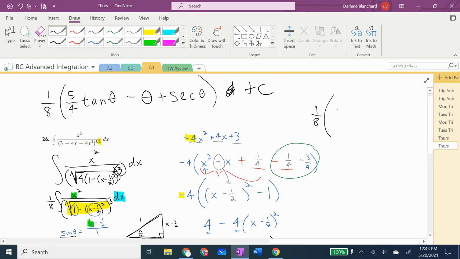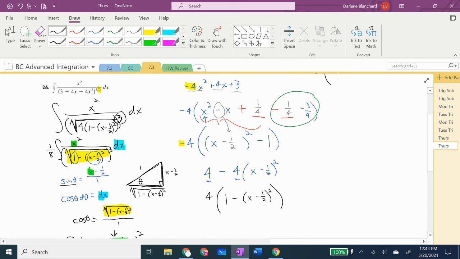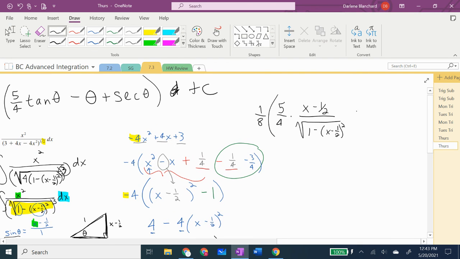One-eighth times 5/4 multiplied by tangent theta. My tangent theta is opposite over adjacent. Minus theta.